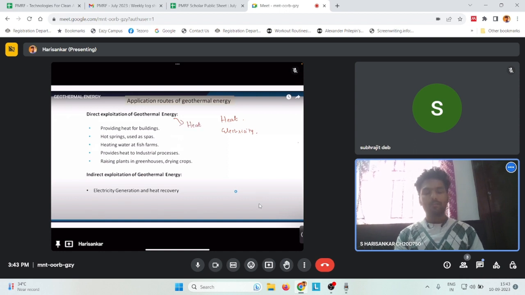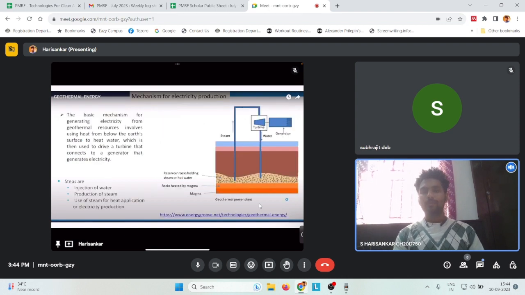Direct utilization is heat-based application, for example, providing heat for buildings, hot springs sometimes used as spas, heating water at fish farms, providing heat to industrial processes, and even providing heat to raise plants, especially in greenhouses. The indirect exploitation of geothermal energy is electricity. We can convert geothermal energy to electricity, and that is the indirect use.